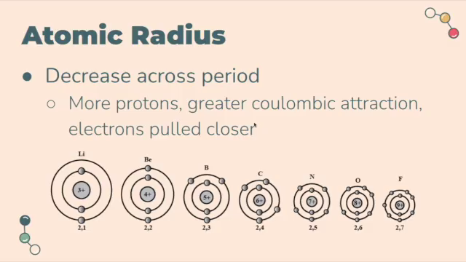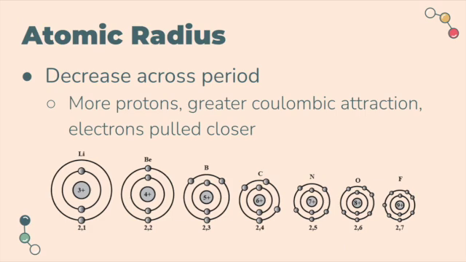But let's talk about why. So it decreases across the period. I'm referring to this as going from left to right. As you move from left to right across a period on the periodic table, you are increasing the number of protons found in the nucleus of that atom. The more protons you have in the nucleus, the greater the Coulombic attraction.